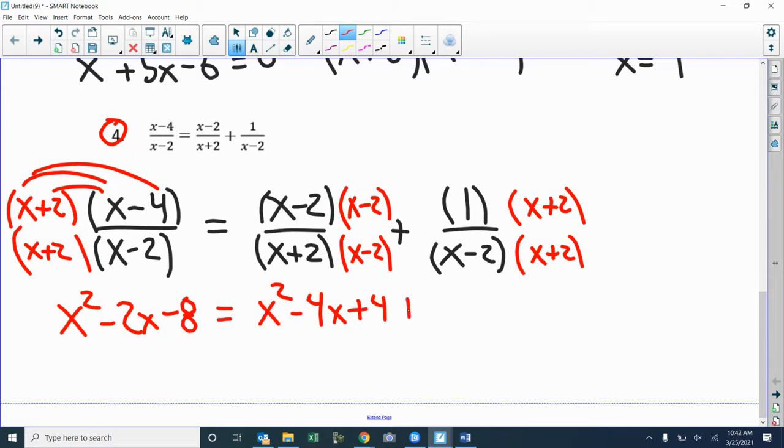I'm going to have plus x and plus 2. I'm going to work on combining like terms here. I'm going to have x squared, minus 3x, and 4 and 2 gives me plus 6. I still have some stuff over here too.